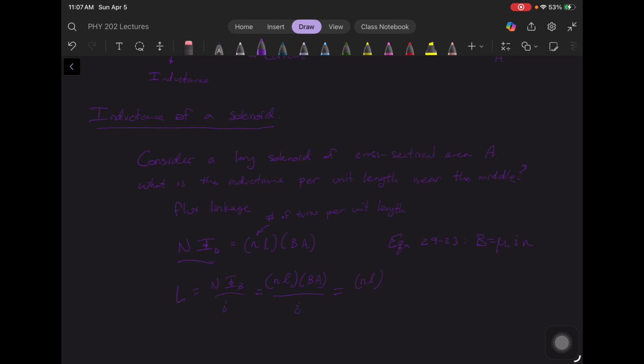And so we still have our nL, and then we're going to plug in for the magnetic field. It's mu naught I times n. Area is still just the area.